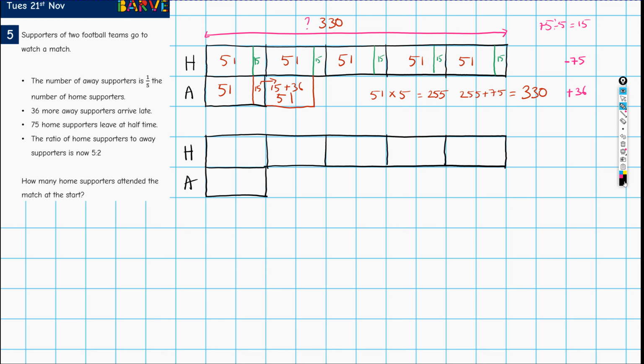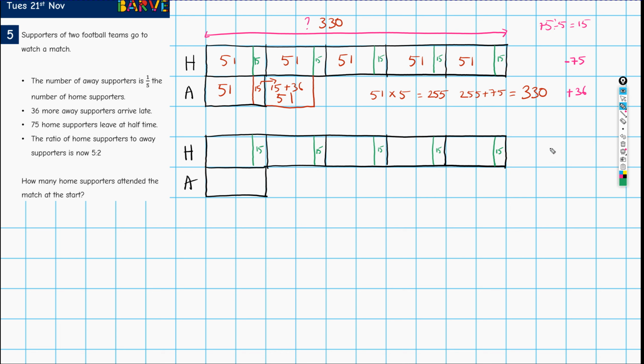And again, we're going to lose 15 from each. So we then have to think about when we also want to do the same.